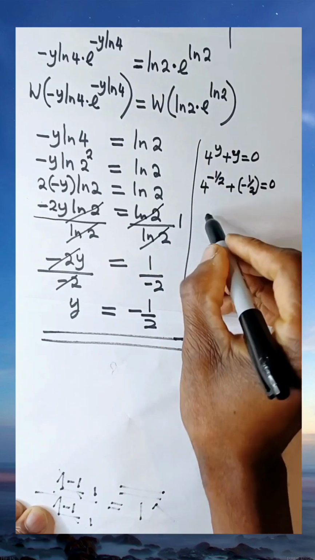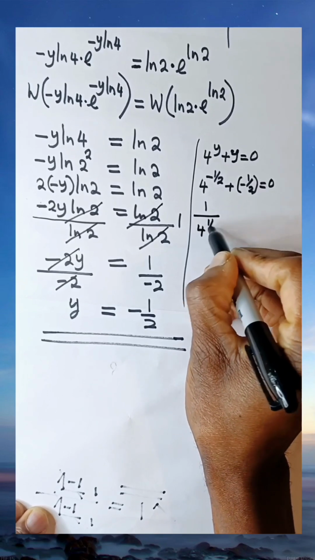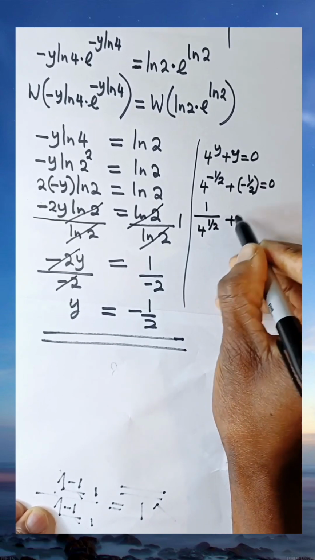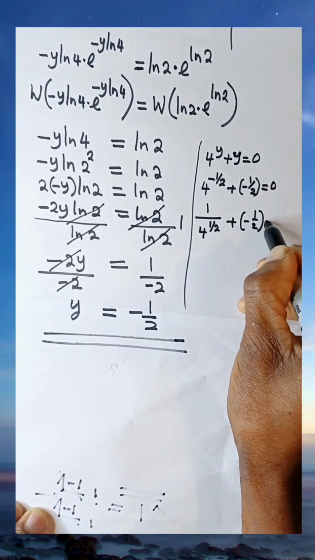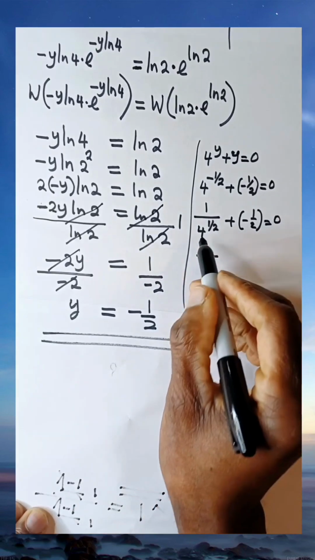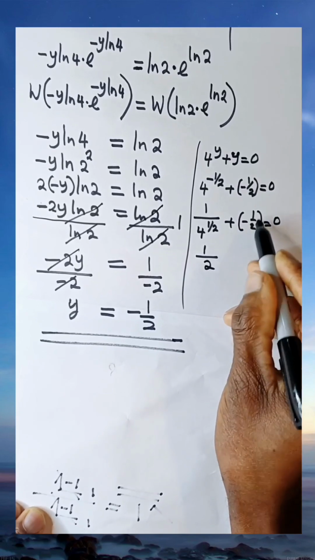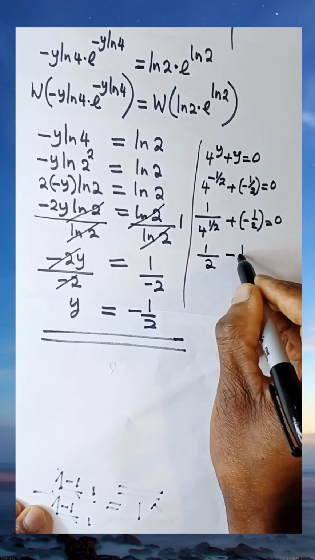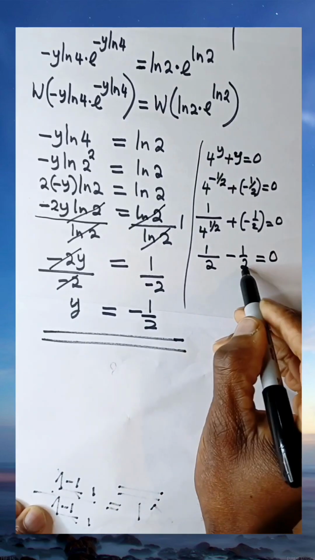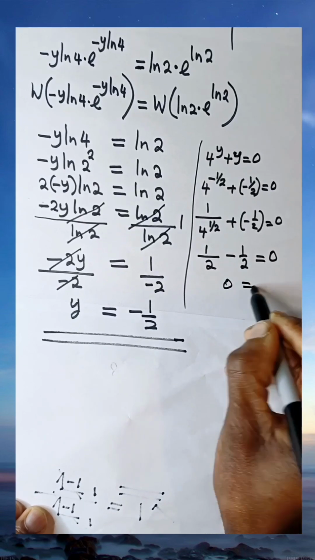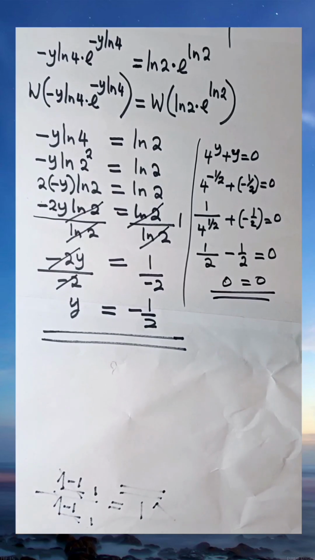This number can be written as 1 divided by 4 raised to the power of 1 over 2 plus, here we have minus 1 over 2 is equal to 0. Here the square root of 4 is going to give us 2, and here plus minus 1 over 2 is going to give us minus 1 over 2, and this is equal to 0. 1 over 2 minus 1 over 2, that is going to give us 0. So our answer is correct.